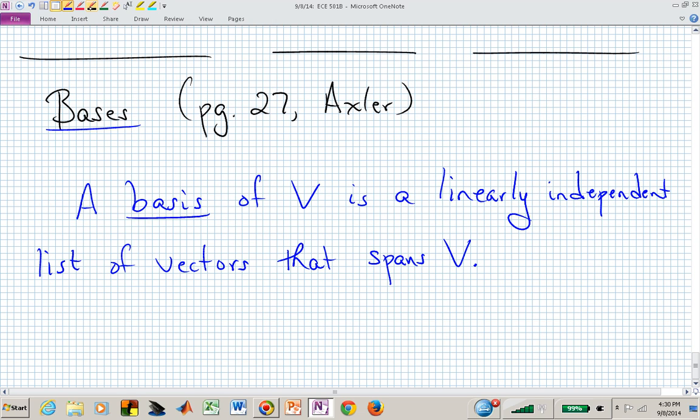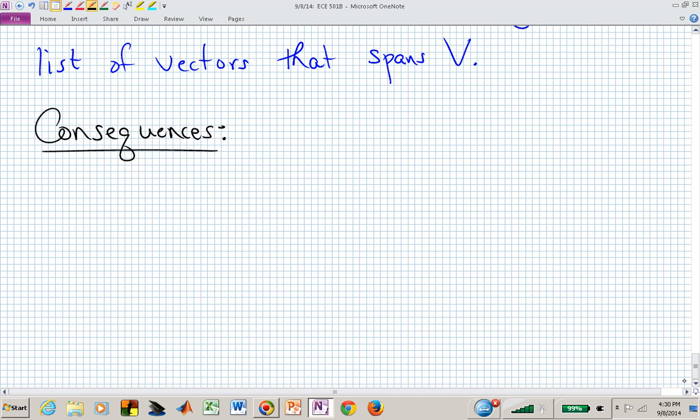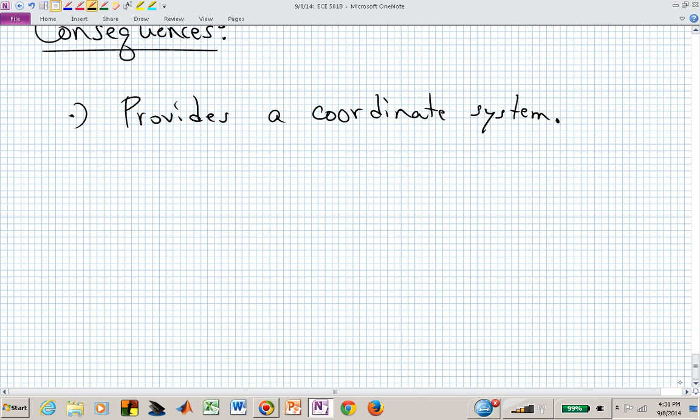Some consequences of having a basis. One is that we now have the ability to have a coordinate system, and that coordinate system could be described or defined by a set of basis vectors.